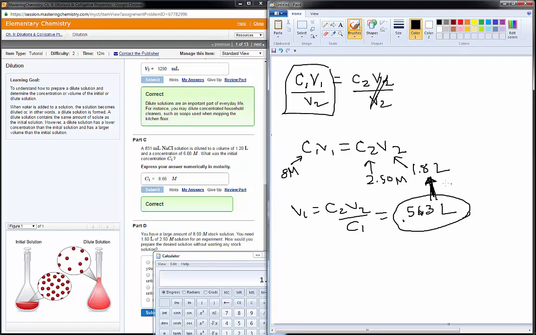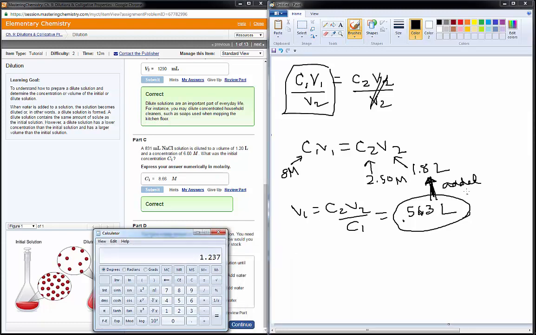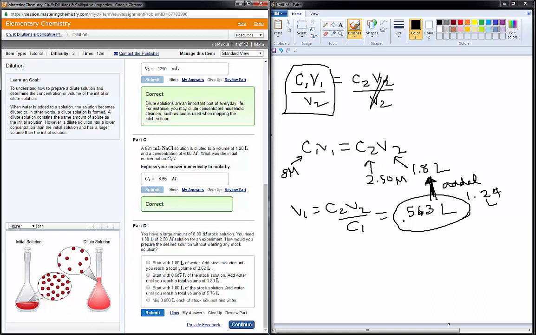So I added 1.24 liters to get to 1.8. So I'm going to start with 0.563 liters of the stock solution. I'm going to add water until I reach 1.8.